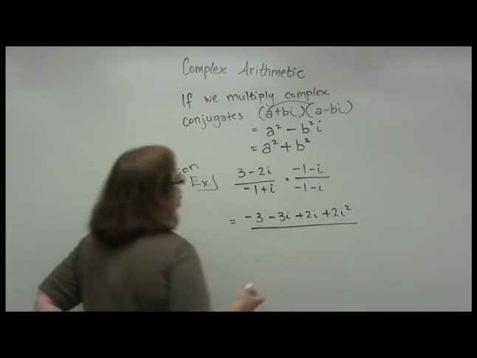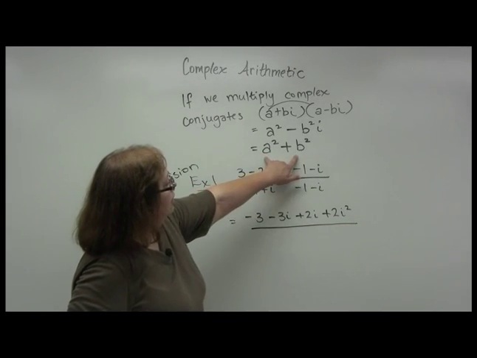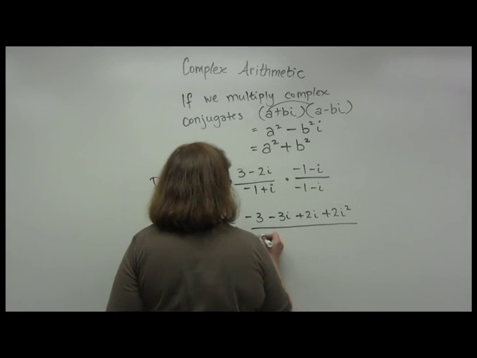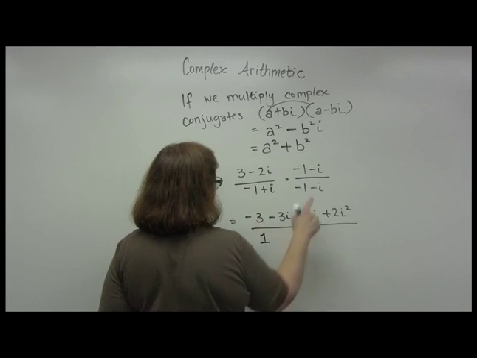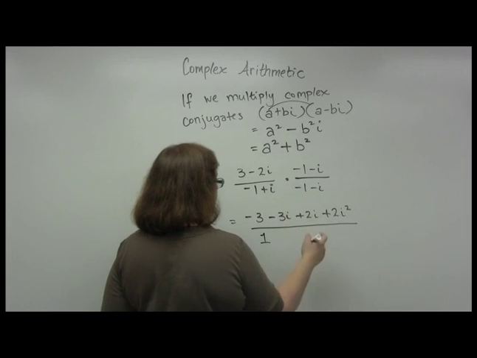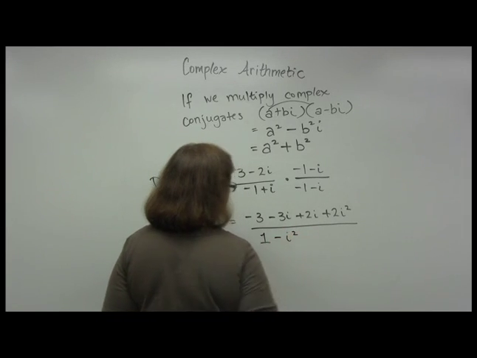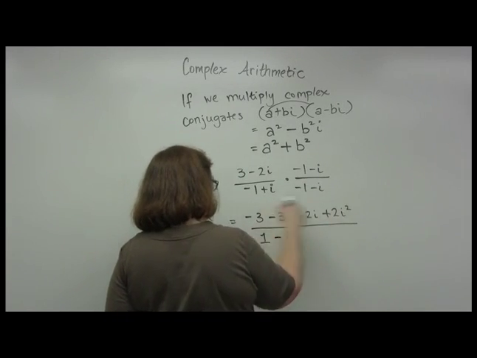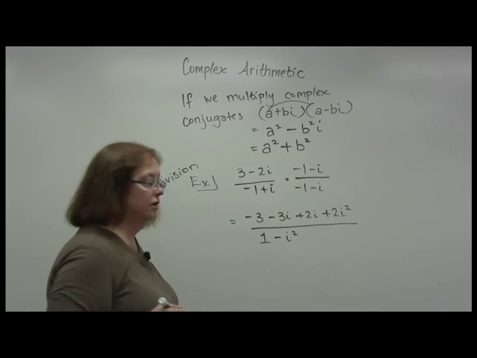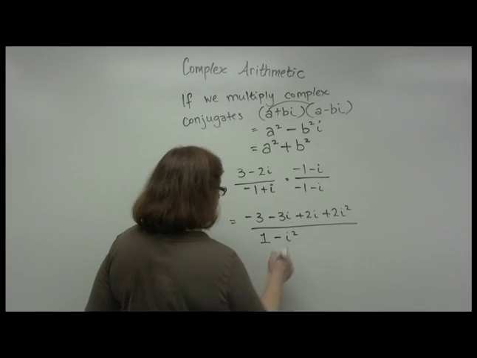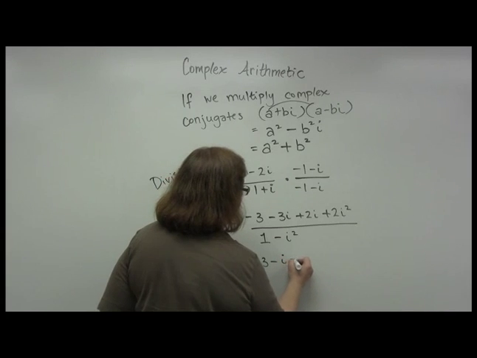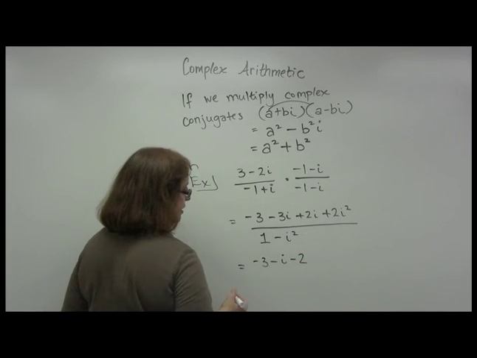In the denominator, now you can just use this fact we have up here if you want, or we can go ahead and work it out. First gives me positive 1, outer gives me plus i, inner gives me minus i, and last gives me minus i squared. Okay, combining terms up here and using the fact that i squared is negative 1, we're going to get negative 3 minus i minus 2 on top.